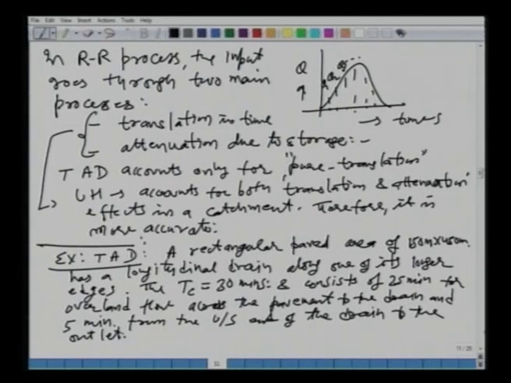Okay. So, a total of 30 minutes, 25 minutes in overland flow and 5 minutes in the channel flow, along the drain.